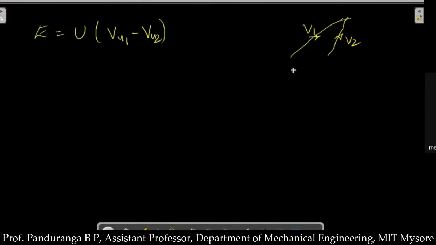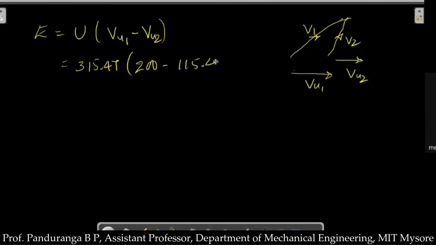So if I take the horizontal component of V1, that is VU1 will be towards right, and if I take the horizontal component of V2, that is VU2, that will also be towards right. Since they are in the same direction, we need to subtract here. So U is 315.47 multiplied by 200 minus 115.47.